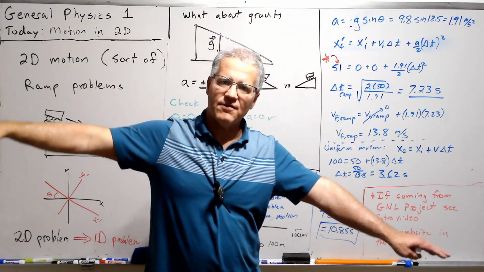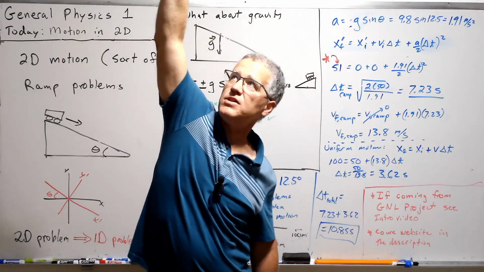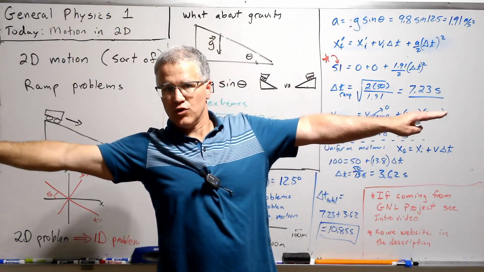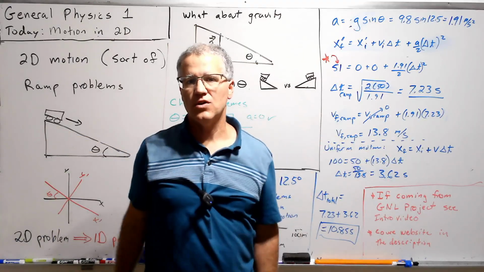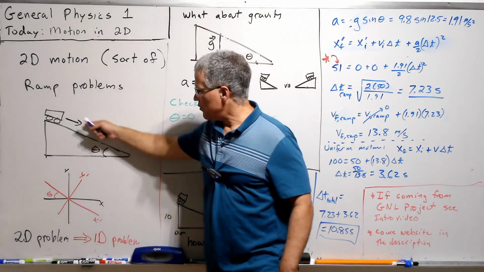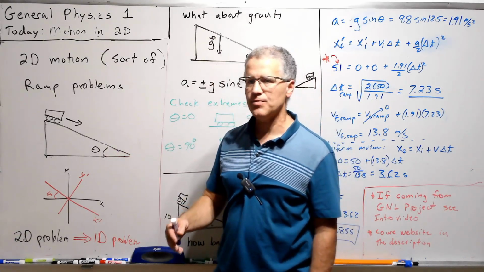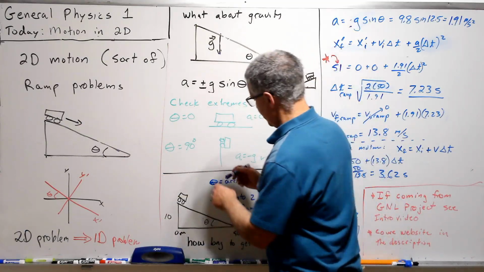If we have it really tilted and let go, woof, it's going to take off. Then if we were completely straight up and down, it would be just like a free fall problem. We go to the other extreme and go completely flat, and we let go, it wouldn't move at all. So gravity will push it down the ramp depending on this angle. So there's an angle dependence to the acceleration down the ramp. So how do we figure that out?